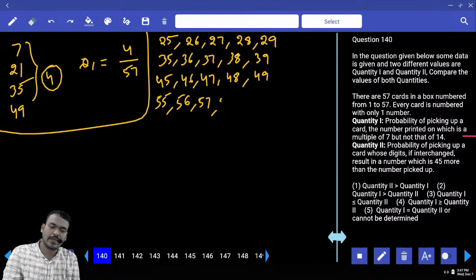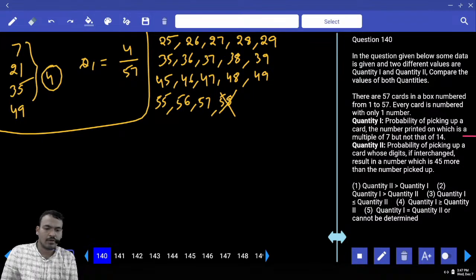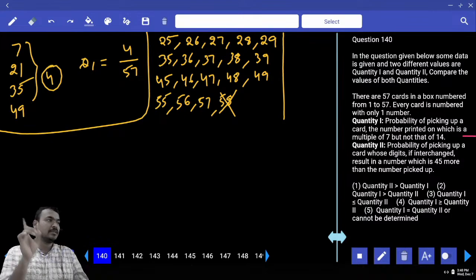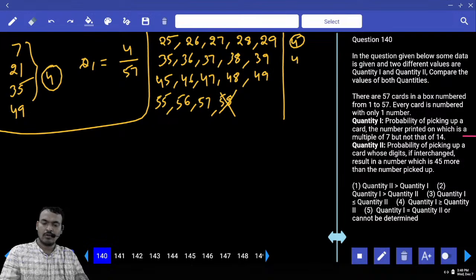Next one, 58. But is 58 possible? No, because how many numbers are there? 57. Okay, then what is the event size? Sample size is 57. Event size is 4 plus 3 more. Total 15.